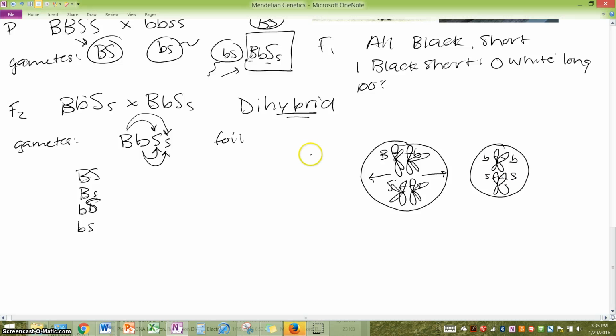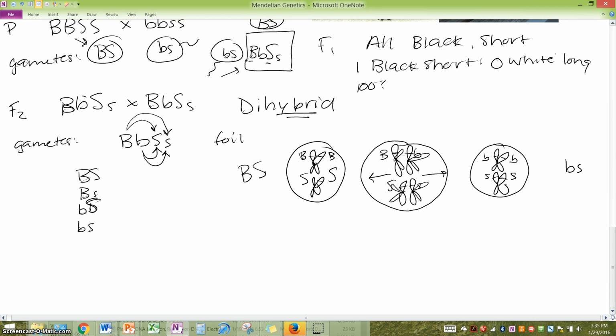Going the other way, I'm going to produce a cell with a big B and a cell with a big S. I know S's are kind of hard to tell apart as big or little. If we go through meiosis 2, we're going to separate these so we don't have a replicated copy. Essentially, you're going to get a BS and you're going to get a BS.